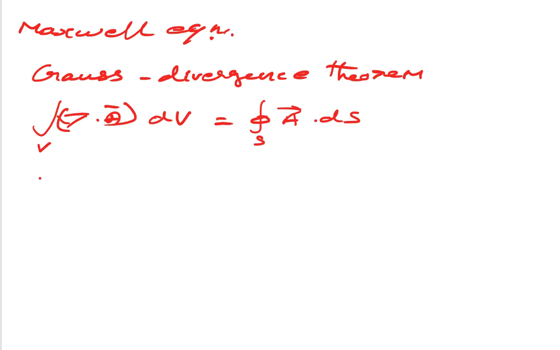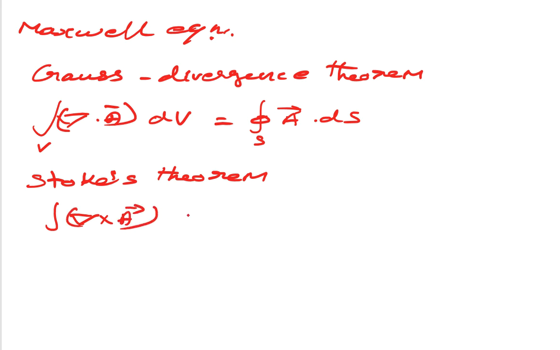Next, Stokes theorem. Using Stokes theorem, we can convert a surface integral. If A is a vector, then the surface integral of del cross A, over a closed surface, will be equal to the line integral of that vector, A dot dl.